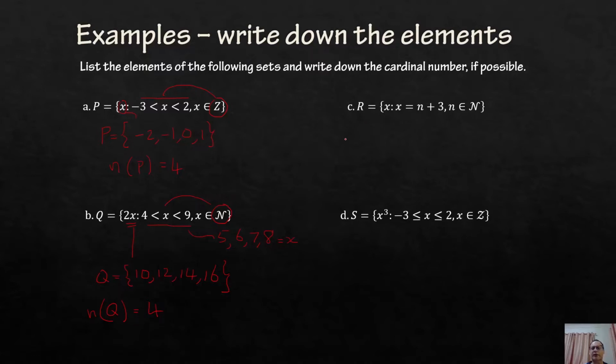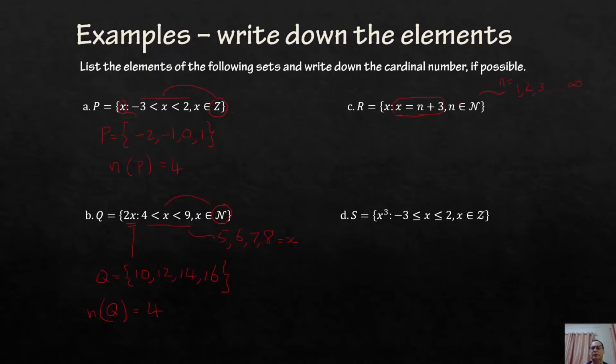In this question, we write down the natural numbers, so n. Now notice here we've got x and n. This is called a dummy variable, which we'll talk about more later. So the natural numbers are 1, 2, 3. Okay, so those are the n values. But we're saying that x is equal to n plus 3.